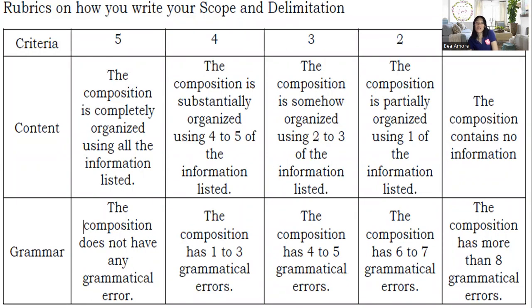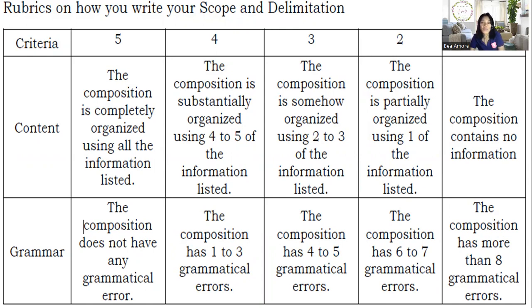If you answered it completely organized using all the information listed, that's 5 points. And if your grammar does not have any grammatical error, it's 5. It's 4 if the content is substantially organized using 4 to 5 of the information listed. If your grammar has 1 to 3 grammatical errors, that's 4 points. If your composition is somehow organized using 2 to 3 of the information listed, that's 3 points.